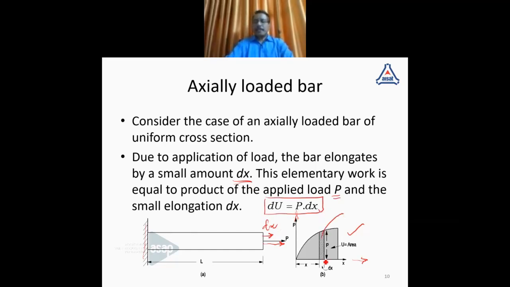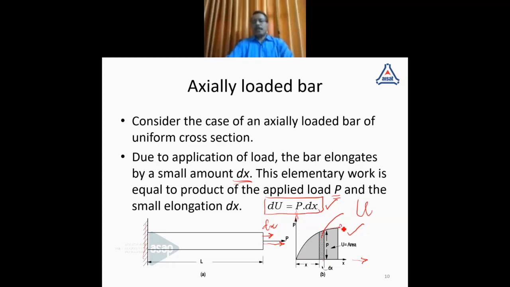If you take this dx as the width of a small elemental area and the height of that particular strip is taken as P, then that area can be approximated as P into dx. And the total energy involved in this case can be the total area under this curve. Starting from when the load is applied, it initially starts from 0 and reaches the maximum value of P. And during this time, the deformation occurs.